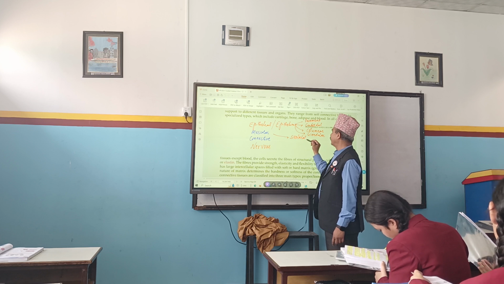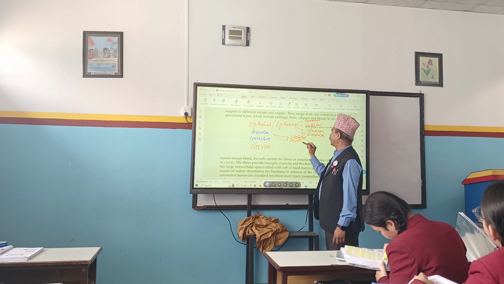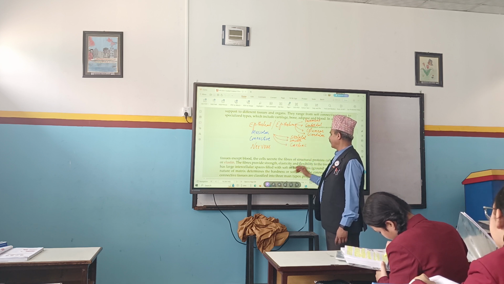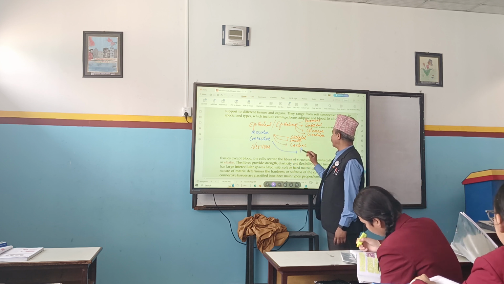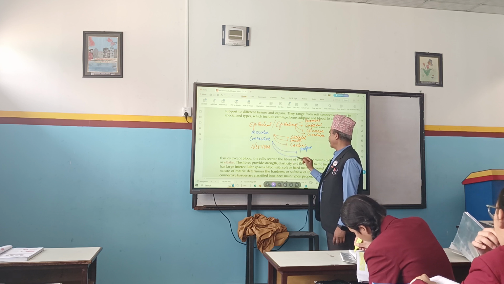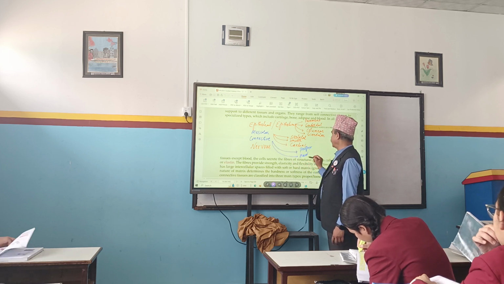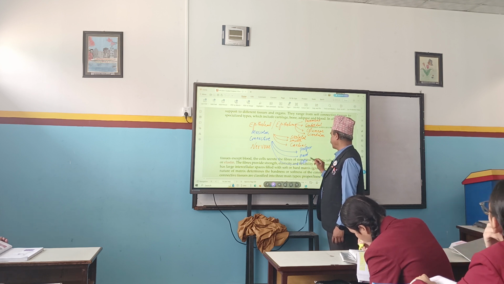Skeletal. Next one, smooth. And next one, cardiac. Right? Connective tissue, they are of three types. What are they? Proper. Next one, hard. Next one, fluid or soft.